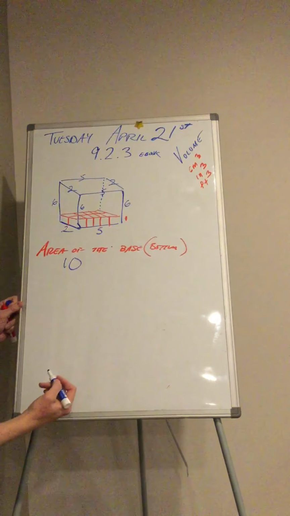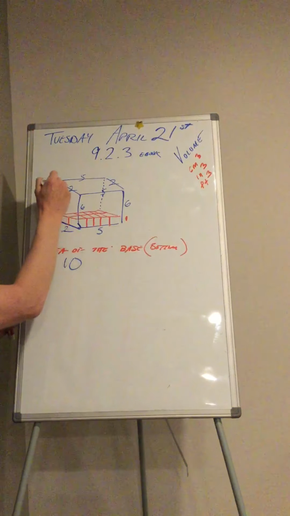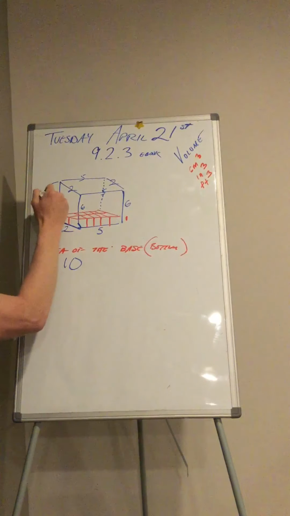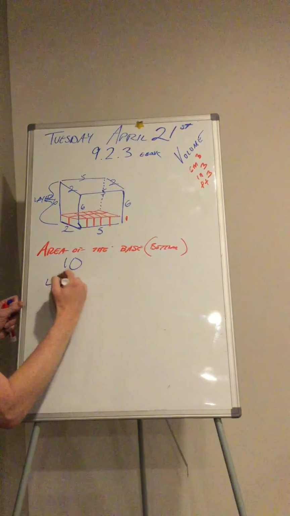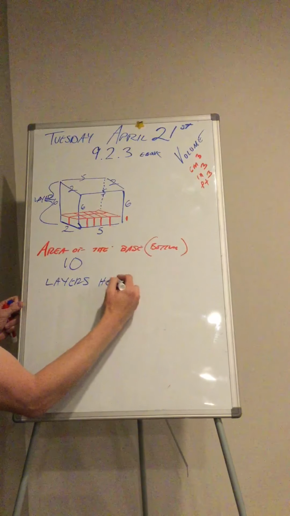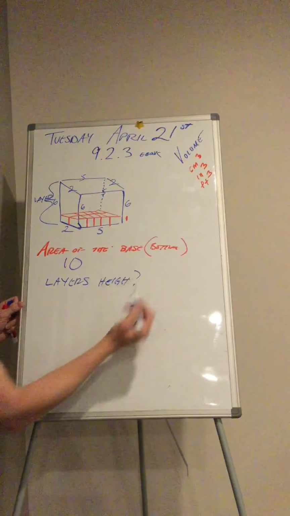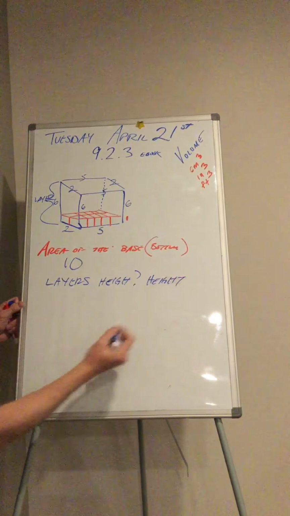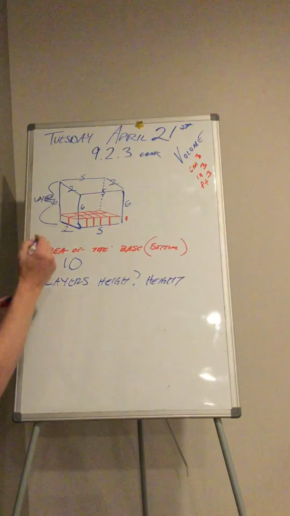10 is our bottom. So then how many layers high, which is basically the height. How tall is it? And this has 6 identical layers.